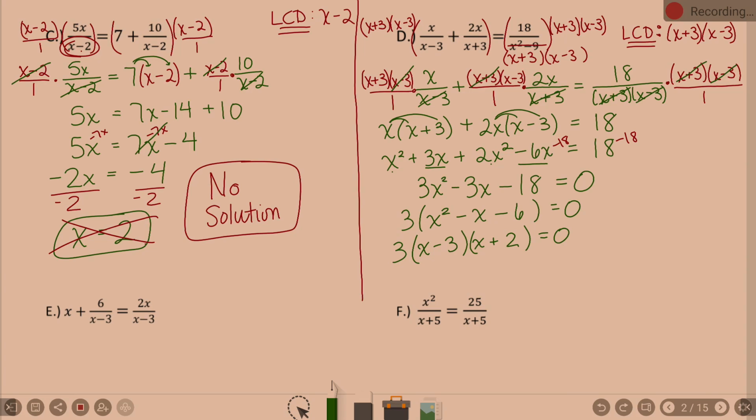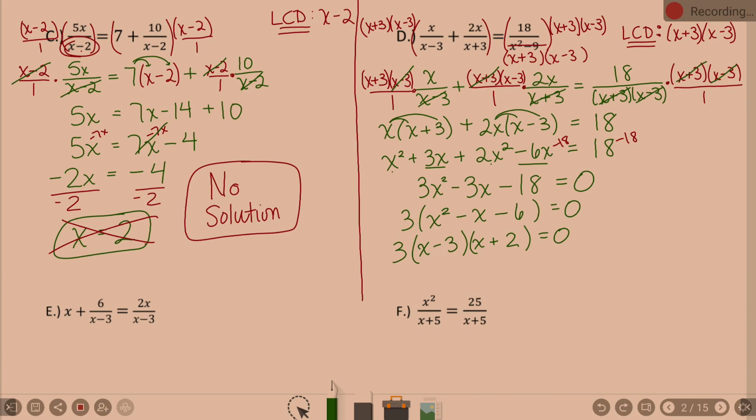Okay, now as I finish up this problem, what do I need to do? Set each factor equal to 0. Now, does this 3 out front need to be set equal to 0? No, it does not, because it does not have a variable. It does not have an x.